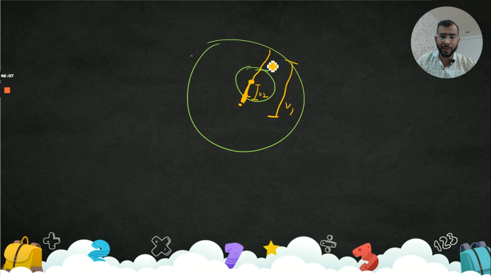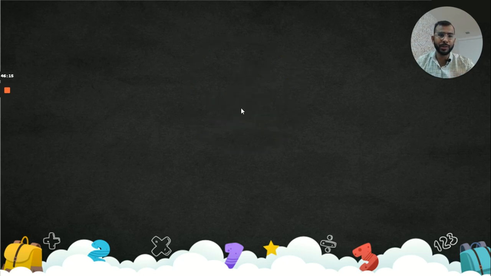So R1 minus R2 should be, when we talk about this C1 C2, which is obviously less than R1 minus R2. Okay, understood?